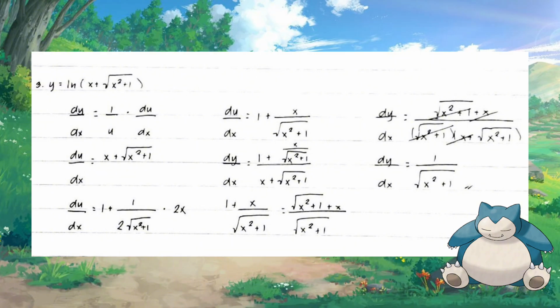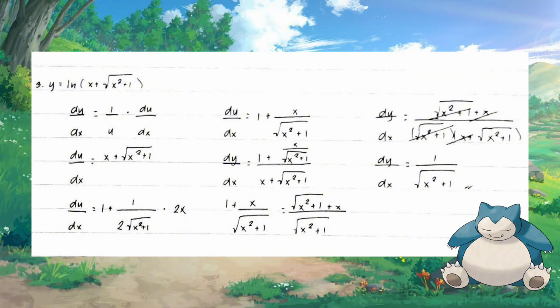Kaya yung x plus square root of x squared plus 1 ay magiging 1 plus 1 over 2 square root of x squared plus 1 times 2x. So, makakancel lang dito yung 2 na nasa fraction, pati yung nasa dulo na may kasamang x, and mamumultiply lang siya doon sa taas.